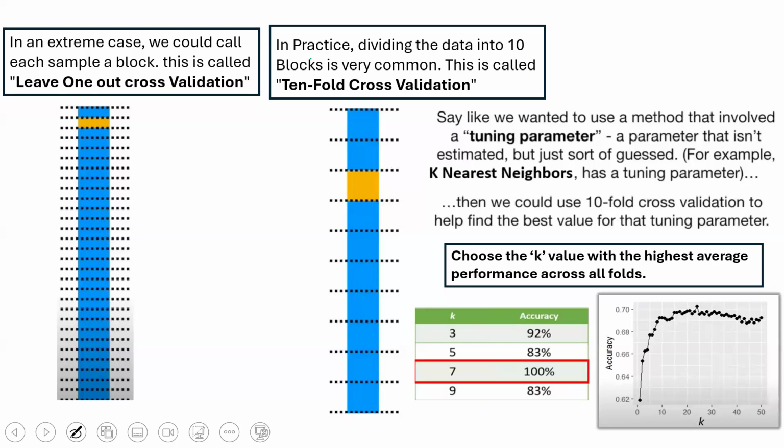In practice, we divide the data set into 10 different blocks, and we call that 10-fold cross validation. You repeatedly train the model 10 different times, with the test data being block 1, 2, 3, 4, 5, 6, 7, 8, 9, 10. That's how you choose the test data, combining the total data set into different combinations.